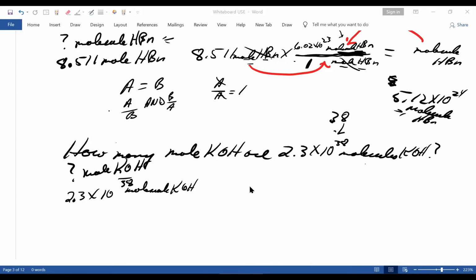So how do we begin? Well, this is the only number we have, so I'm going to start with that. One thing I always do, and you should do, is put the units down too. Don't just put the number down. Now, if I could use a ratio, what would the units of my answer be?